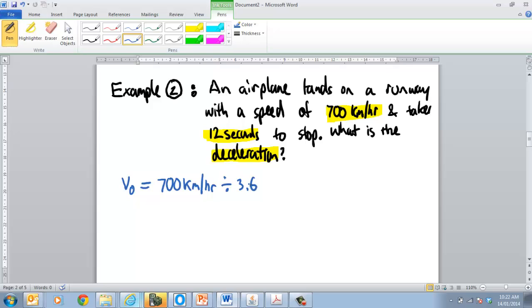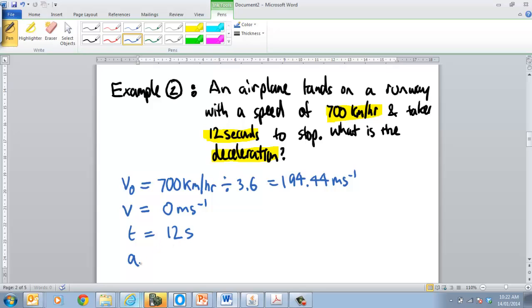That will give me an answer of 194.44. Right, so you've got to make sure everything's in the right sort of units. What's my final velocity? Well, my final velocity is going to be stationary, 0 meters per second. Doesn't tell you in the question, but it sort of does. Okay, my time taken for it to stop is 12 seconds.